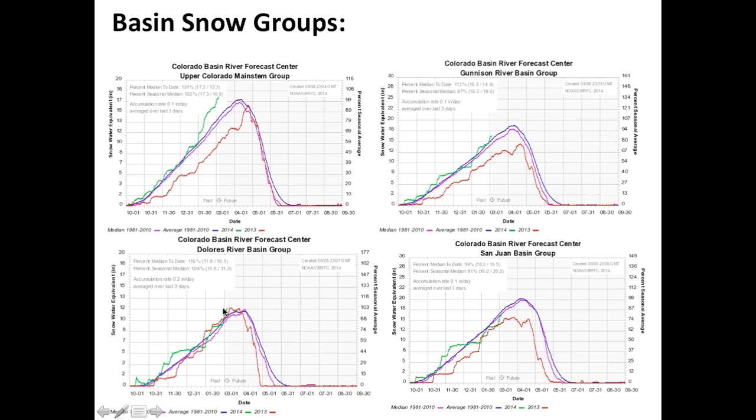It was the highest for the date. Again, this is just for the current date, so you can see the other years, 2011 and 1996, in the other colors here. We got a lot of snow real late, so a lot to go to catch those years, but at least currently, it's a pretty significant snowpack.